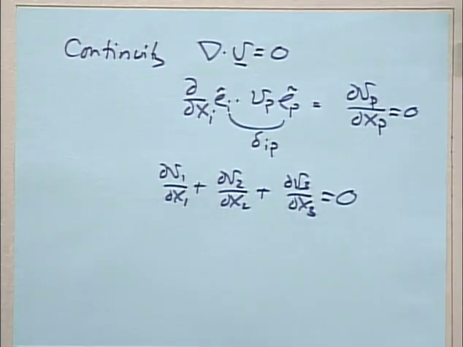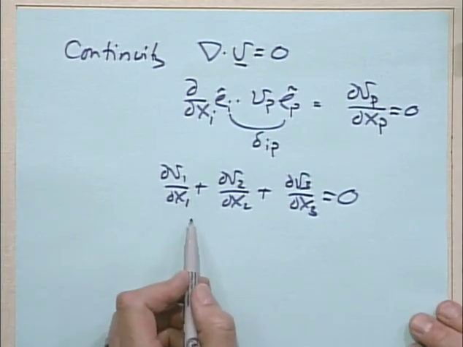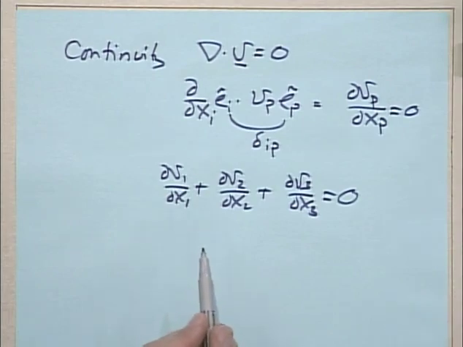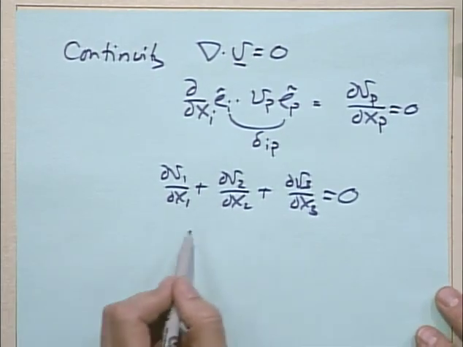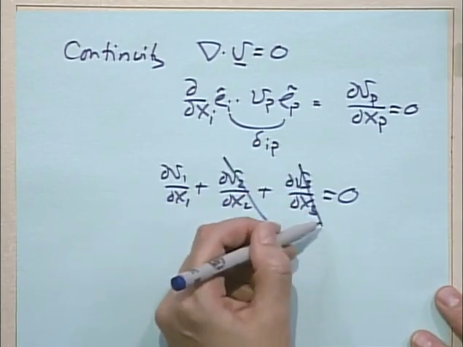So Warren, how does that simplify? For this flow, it looks like dv1 dx1 is going to be 0, and so is dv3 dx3, because v1 is only a function of x2. Yeah, v1 is only a function of x2. That's actually written here, but we can actually conclude it from this equation because v2 and v3 are 0.